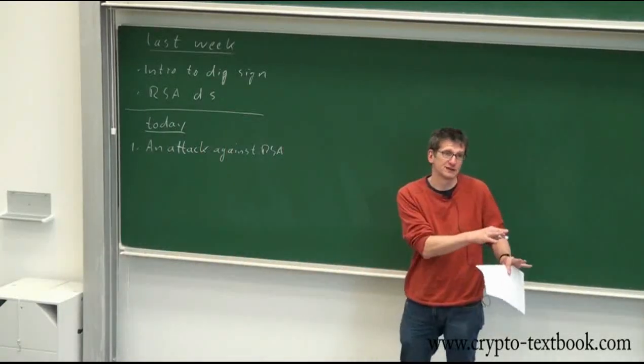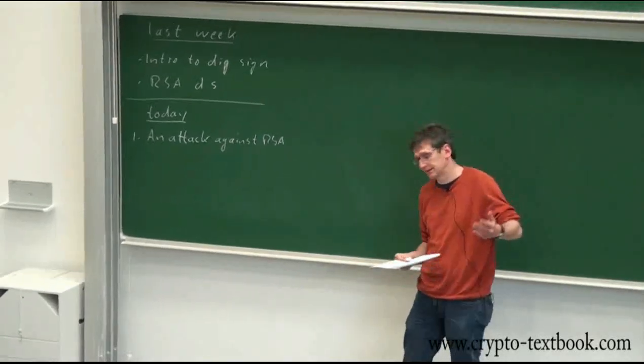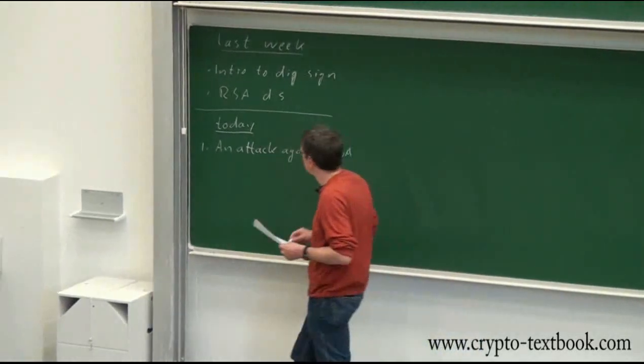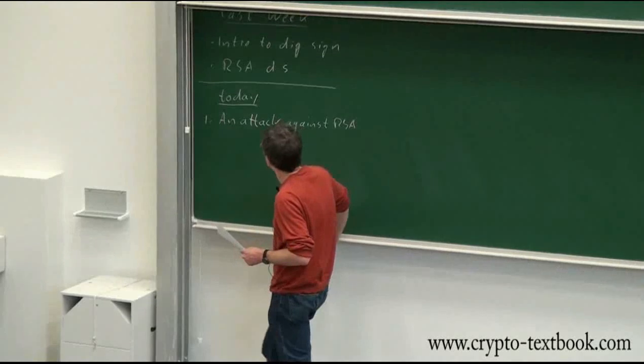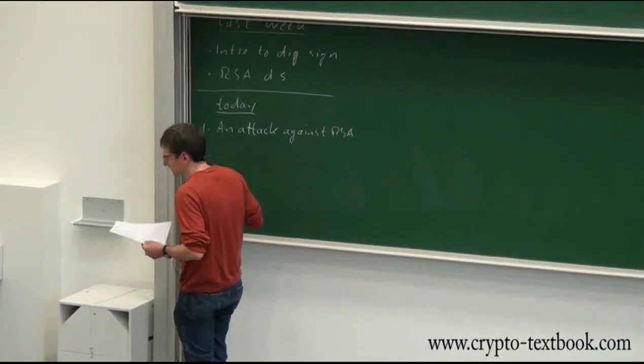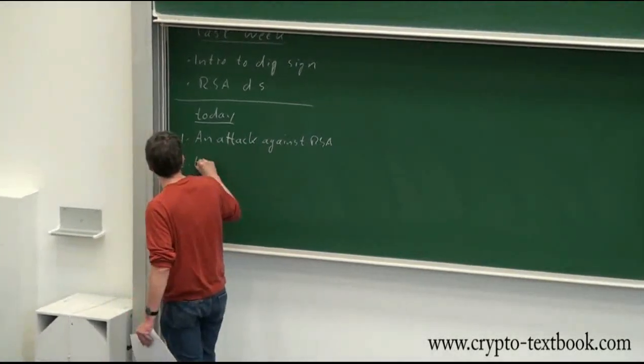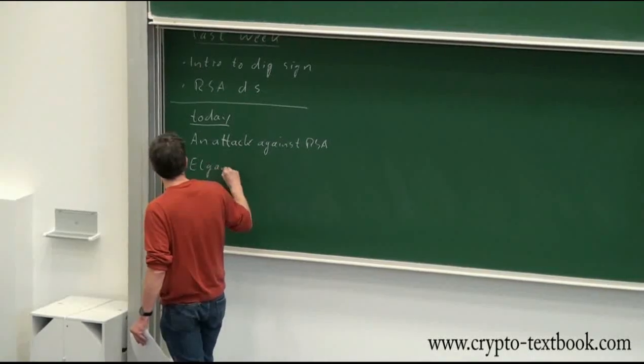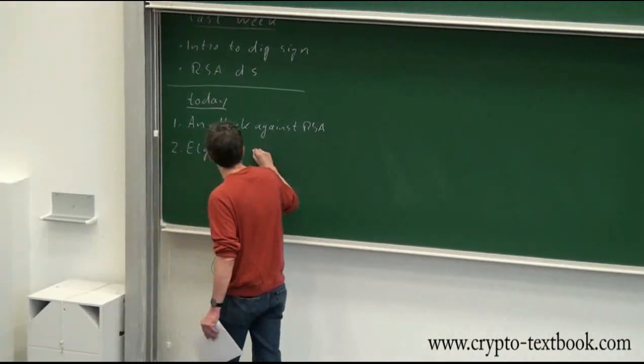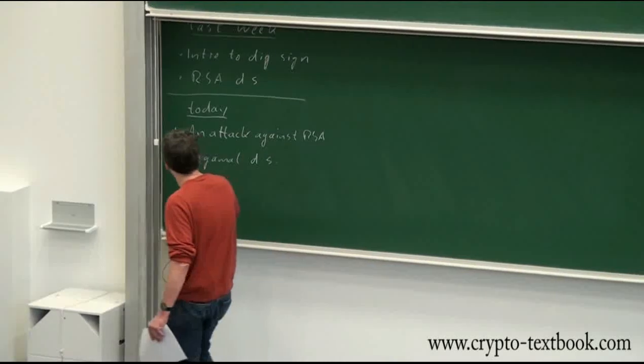That's what we did towards the end of last week, and I couldn't squeeze it in last week. And then maybe the main part of today's lecture deals with another signature scheme, El-Gamal digital signature.